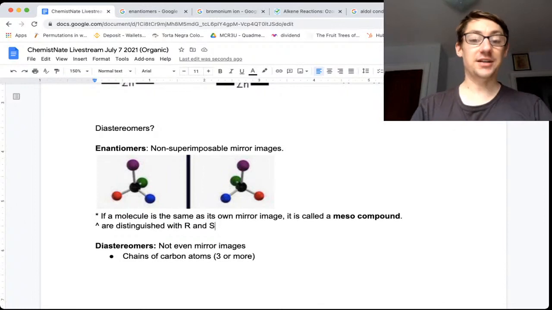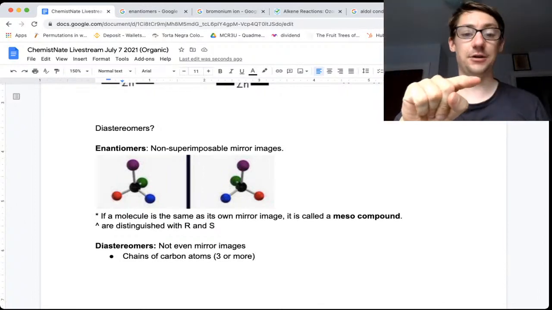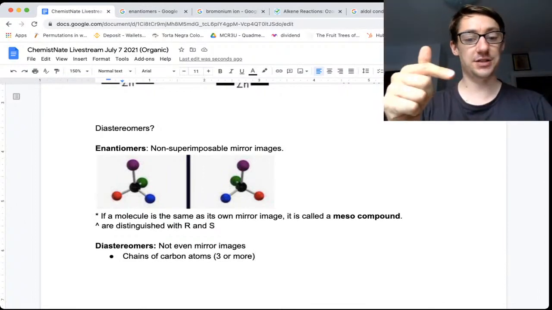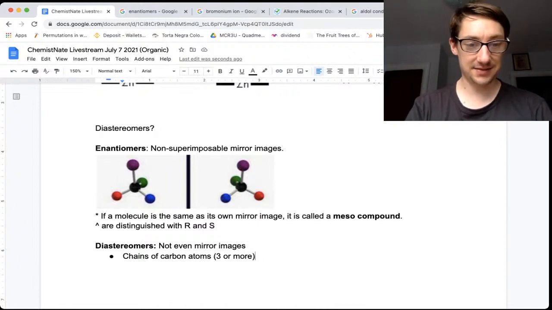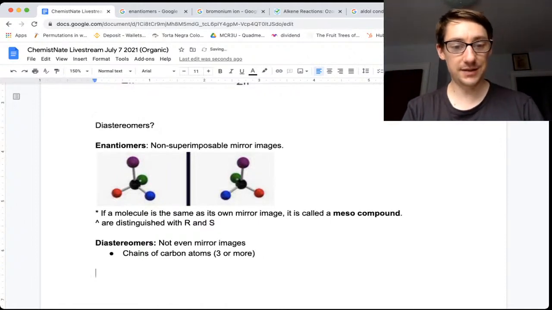Diastereomers are easily distinguished if you've labeled all of your centers with R or S. So let me give you an example.